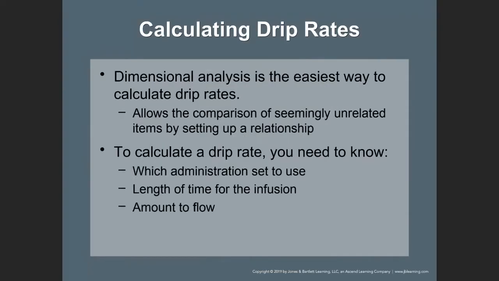Now, calculating drip rates. Dimensional analysis is the easiest way to calculate drip rates. It allows the comparison of seemingly unrelated items by setting up a relationship. To calculate a drip rate, you need to know which administration set to use, the length of time for the infusion, and the amount to flow.